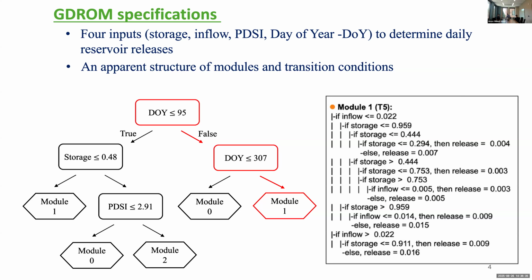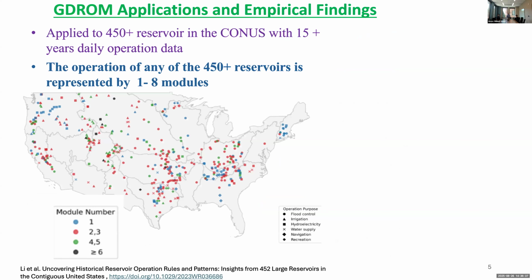All right, so we applied GDROM to 450 reservoirs in the contiguous United States, and each of these reservoirs has more than 15 years of daily operation records. One interesting thing we found is that the operation of any of the 450 reservoirs could be represented by 1 to 8 modules.